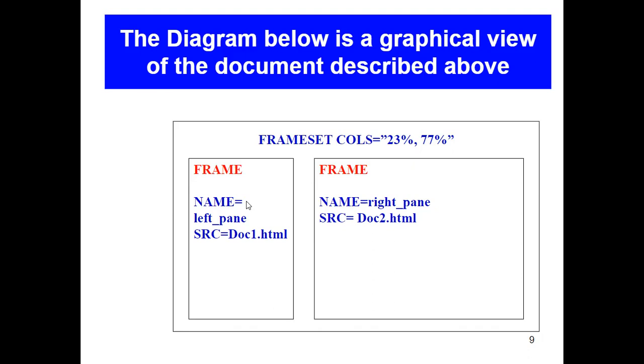The first frame is at the left of the browser, so we can name it the left pane, and the second frame is at the right side, so its name may be right pane. Both the sources are: document1 for the first frame, the left pane, and document2 for the right pane.